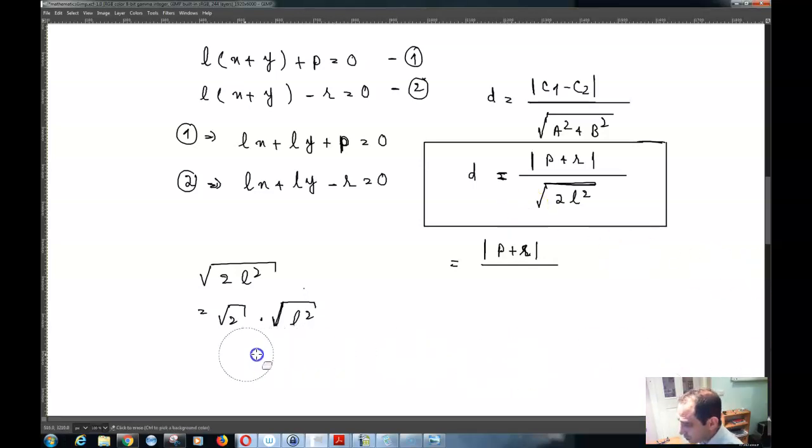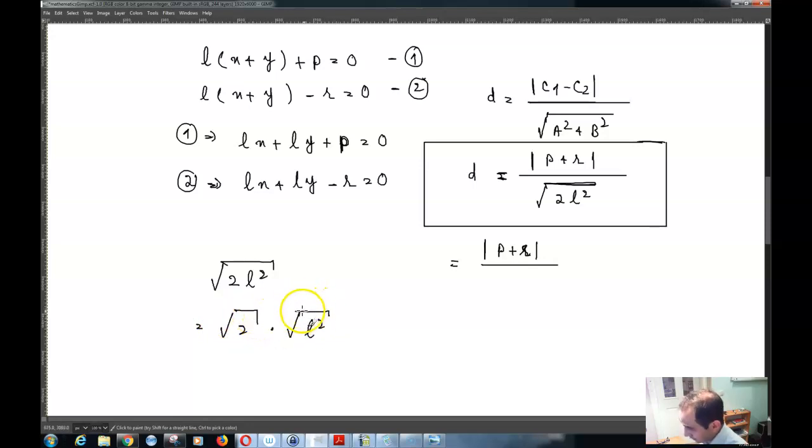But at the end of the day, when you don't have enough information, you simply cannot decide what to do with such equations. At any rate, what they have done is write the square root of 2 times l squared as the square root of 2 times the square root of l squared.